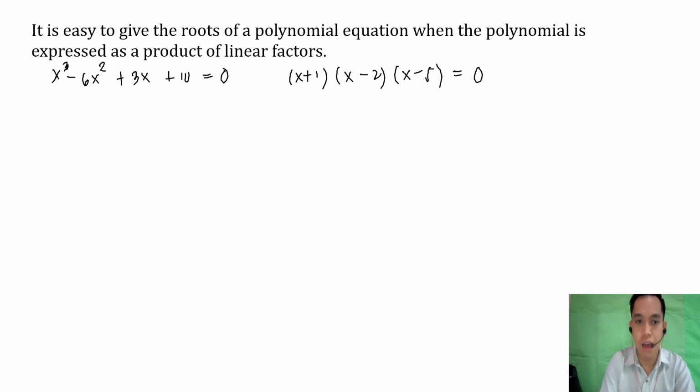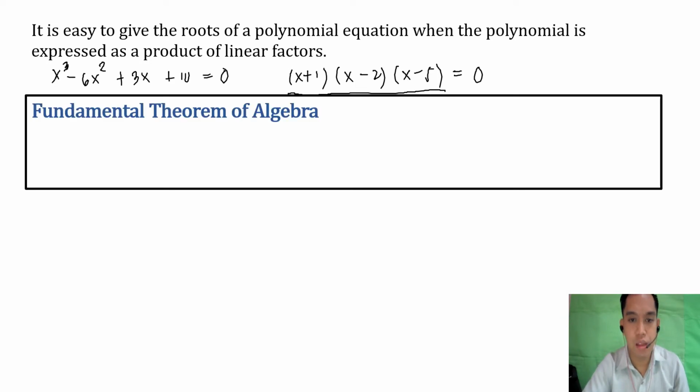So ito yung kanyang linear factors ng ating polynomial equation. So by factoring completely the polynomial equation, it is easy for us to determine the roots. Mas madaling ma-identify yung ating roots kapag naka-factor siya completely.